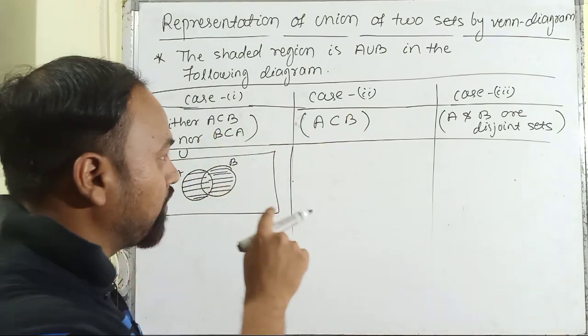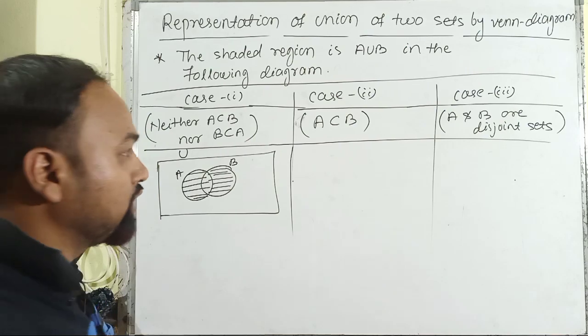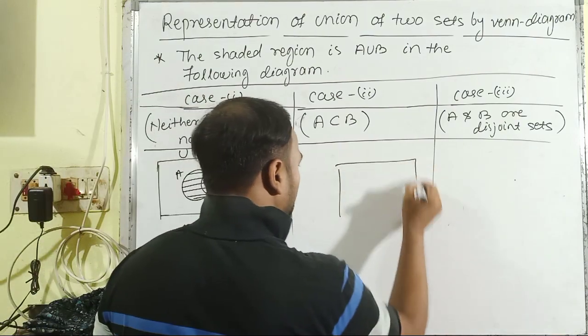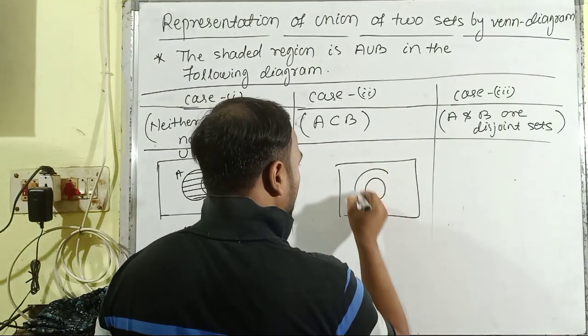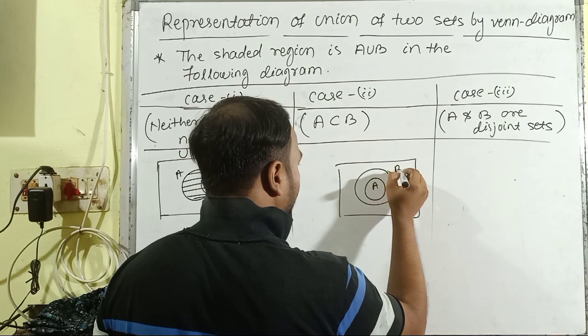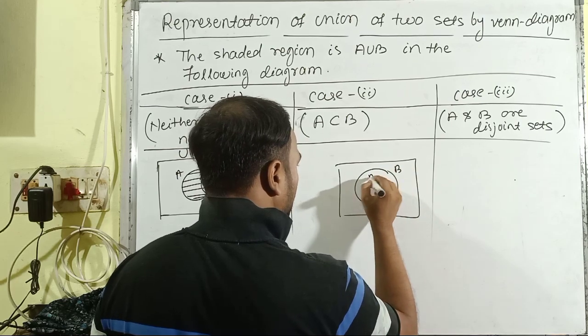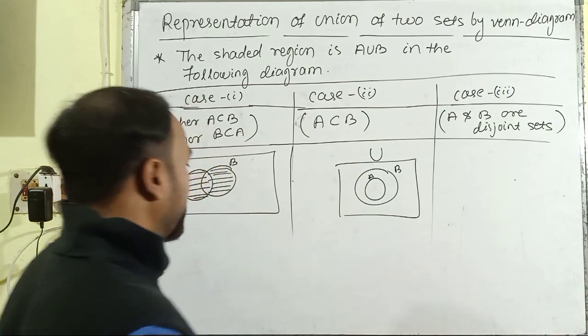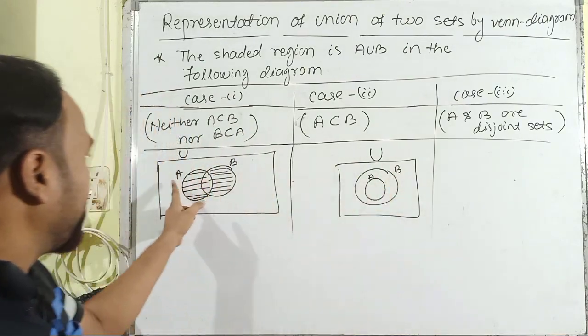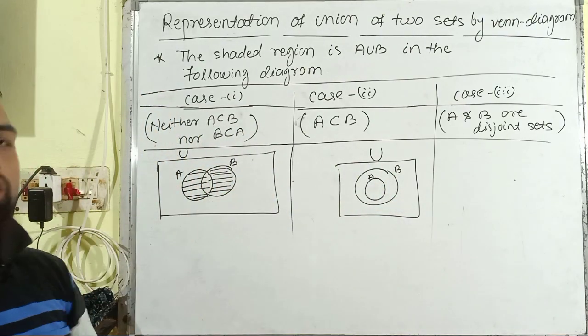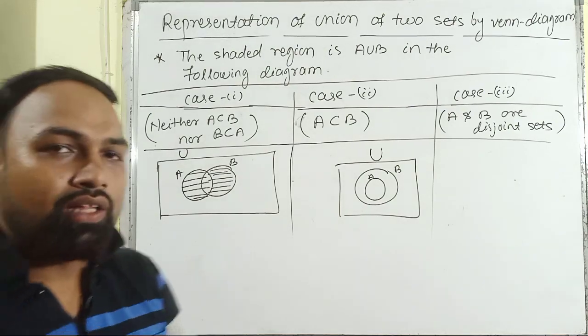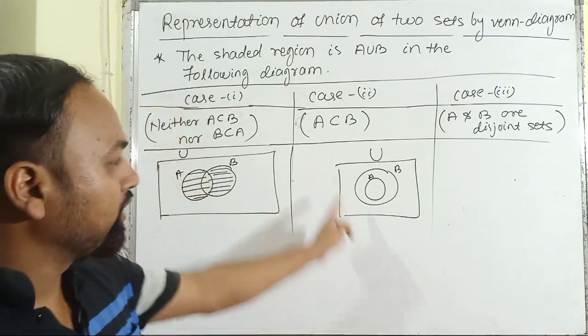Let us move towards the second case, where the condition is like this: one set is a subset of another set, that means the A set is a subset of another set. Here it is the set A and the set B, and this is the universal set. Both the A set and B set are subsets of the universal set. That means they are present in the universal set.